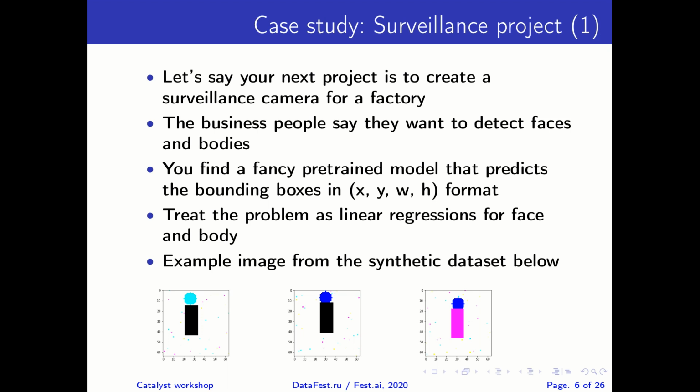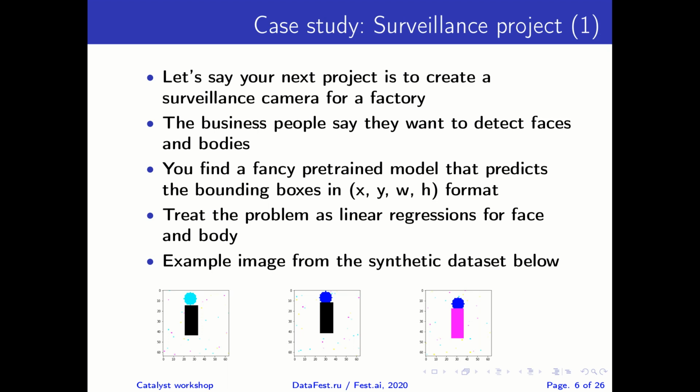So the first step would be to find a model which can predict the bounding boxes, for example, in XYWH format. This means that the output of the network would be the top left point in X, Y, and then the width and height of the bounding box.